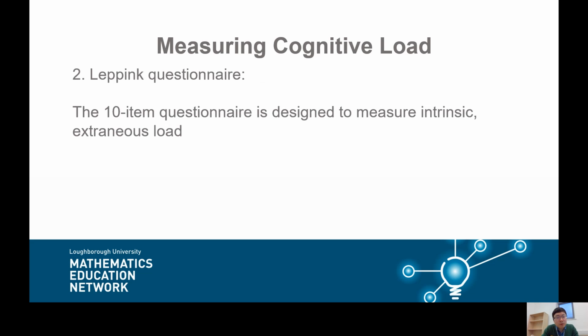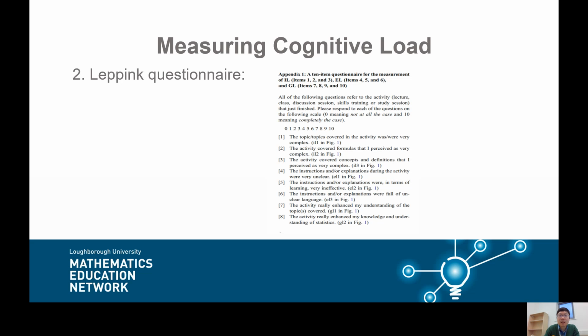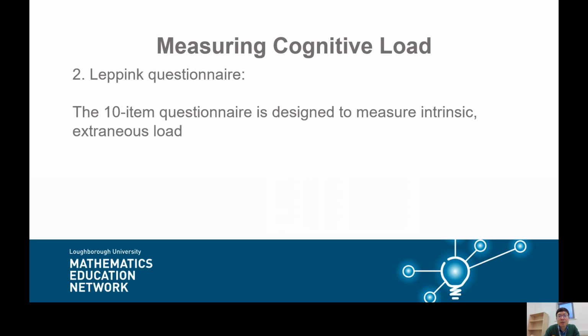Therefore, I think 2 or 3 years ago, Jimmy Lepkin developed a questionnaire to distinguish types of loads. This is a 10-item questionnaire, and you can use it to measure intrinsic and extraneous loads.